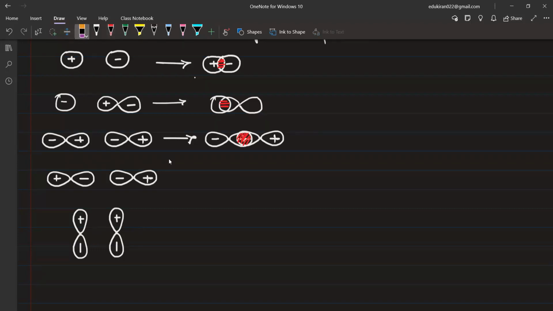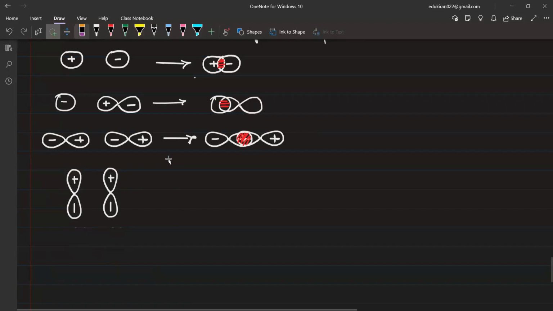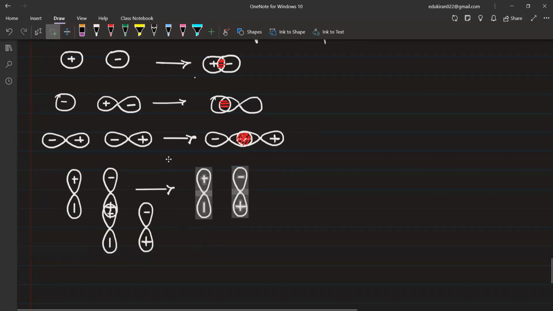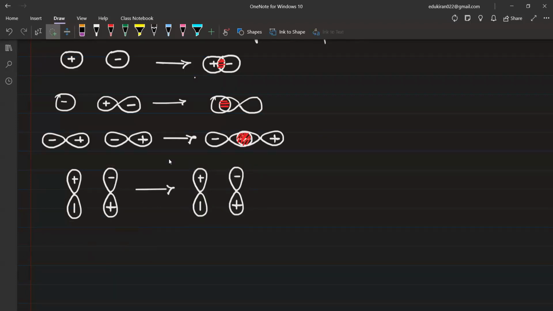You cannot, this option we have already taken. When you have positive negative like this, and again cancellation.